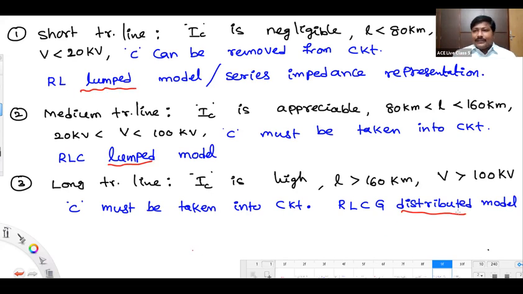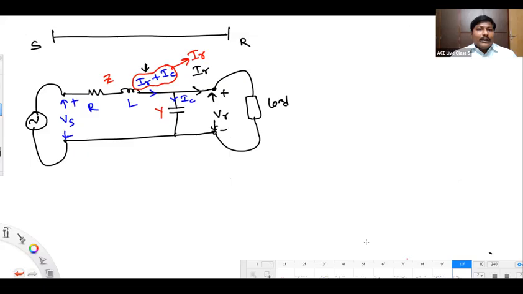Then what is the difference? Lumped model means what? Distributed model means what? For example, if you have a line of 100 kilometers length, very simple thing. We calculated the resistance, inductance, and capacitance per kilometer.